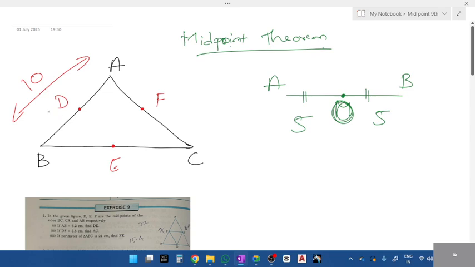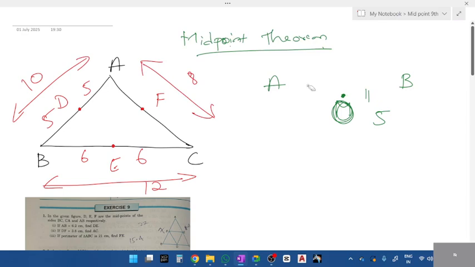Look at the first diagram. 10 divided by 2, 5 centimeters, right? If BC is 12, what is the distance between BE and EC? 6 each. If AC is 8 centimeter, yes, 4 centimeter. So 4 and 4. Okay.